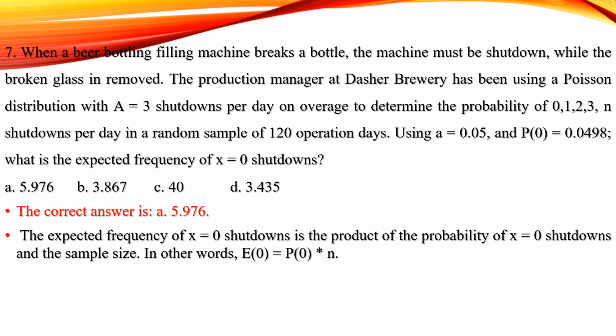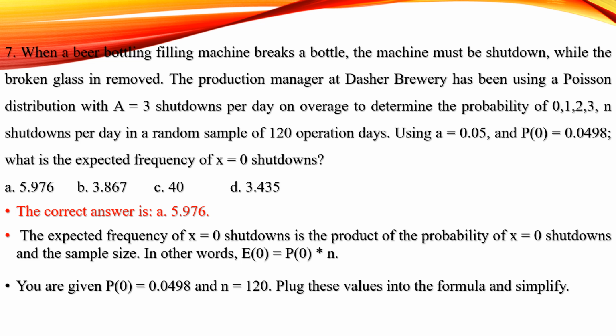In other words, expected value of 0 equivalent to probability of 0 times n. Therefore, P of 0 is given and n is given. Therefore, you can simply calculate 0.0498 times 120. Exactly, you can get 5.976.